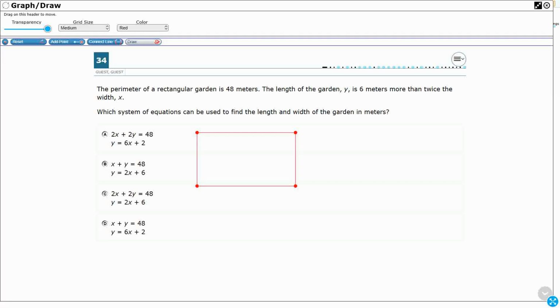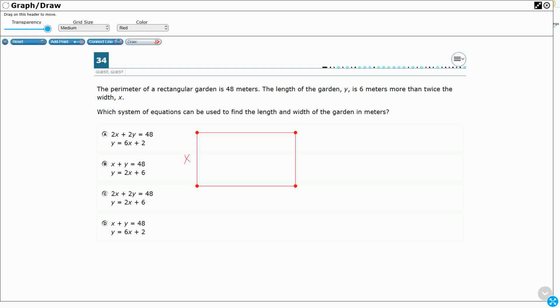So x is here, and then we've got y as 6 meters more than twice x. Twice x, 6 meters more than that. So we could do 6 plus 2x or 2x plus 6, either way.